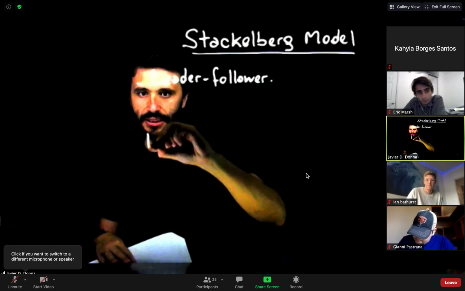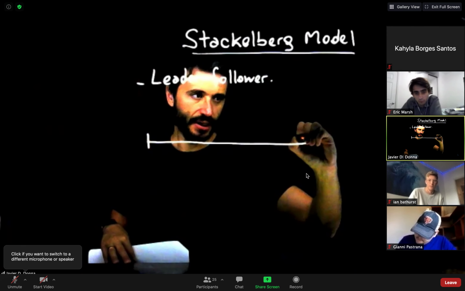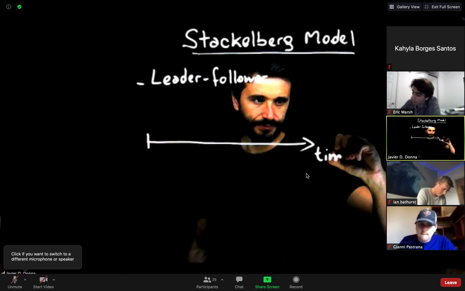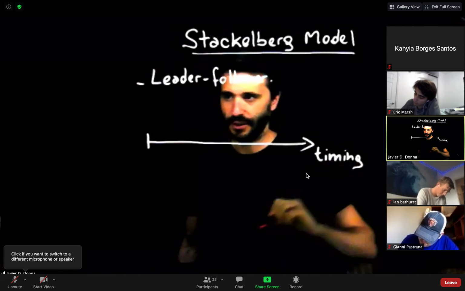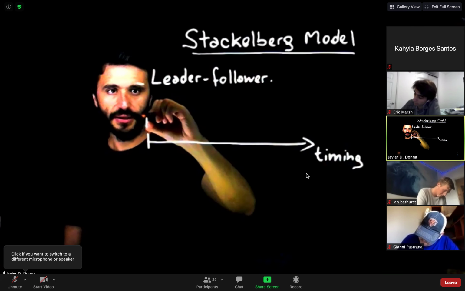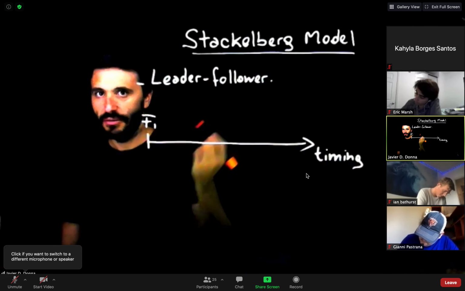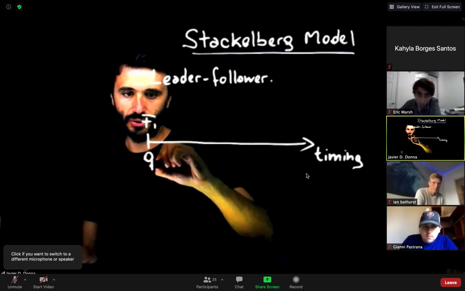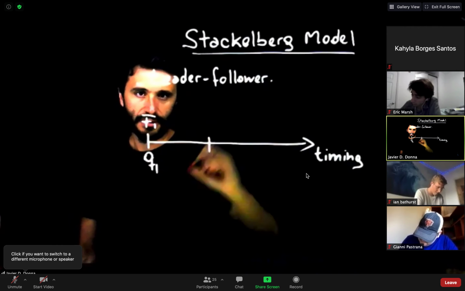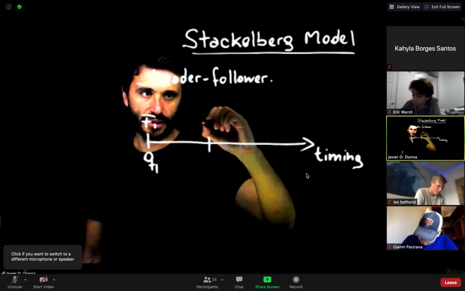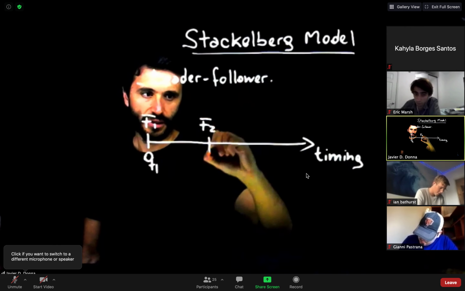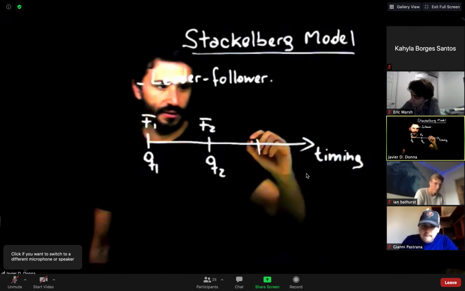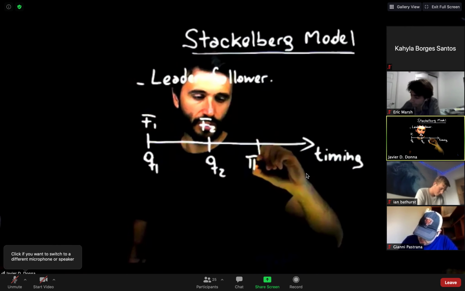So you can think about the timing using the following line. First, we're going to have Firm 1. Because this is similar to a Cournot model, firms are choosing quantity. So Firm 1 is going to choose Q1. Then in the second stage, Firm 2 is going to choose Q2, and then the outcomes are released.